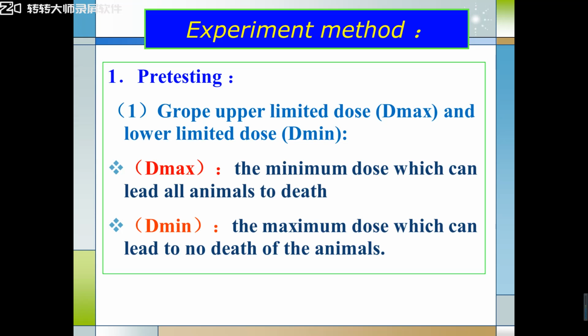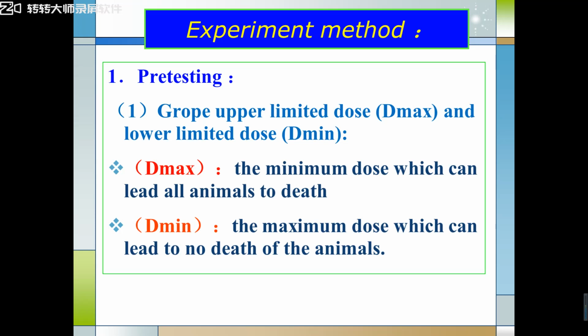The definition of Dmax is the minimal dose which can lead all animals to death. From this definition, we know that if we use the dose Dmax, the death rate is 100%. The second definition is Dmin.